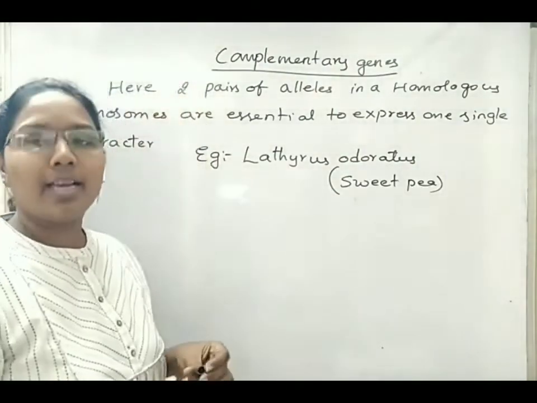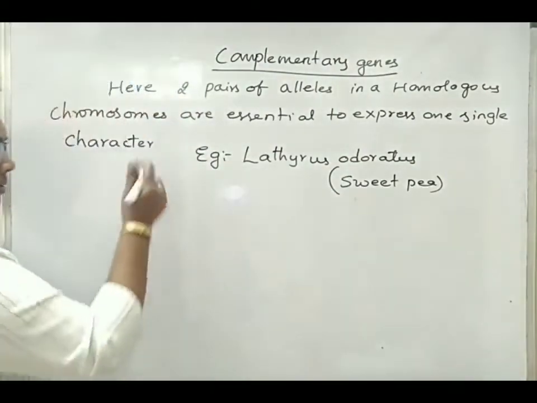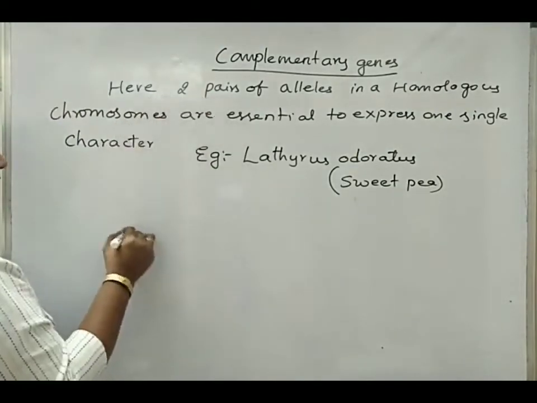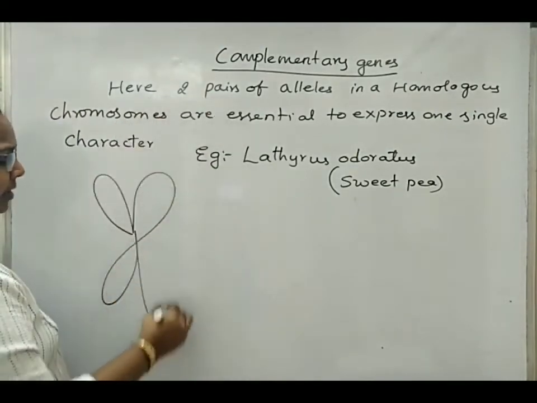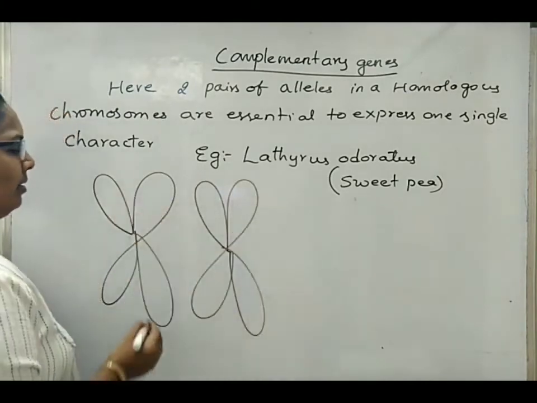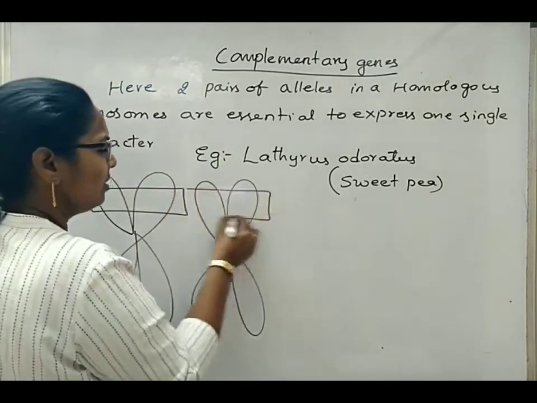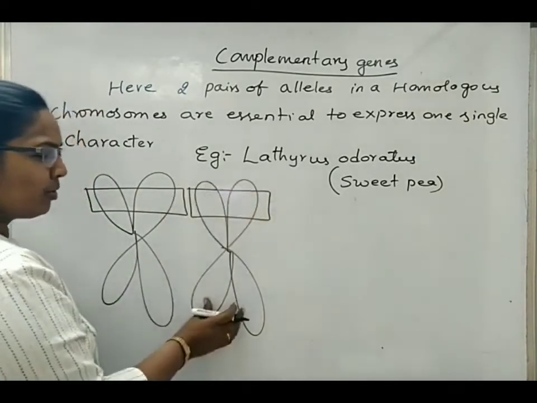Lathyrus odoratus has different types of colored flowers. So according to this, how can we represent it on chromosomes? For suppose, these are allelic forms of this chromosome.